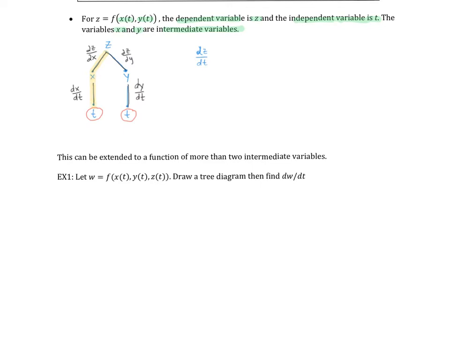And that would be this multiplication of the partial derivative of z with respect to x times dx/dt. However, I have another branch with my variable t, so I need to add the other branch, which would be the partial derivative of z with respect to y times dy/dt.